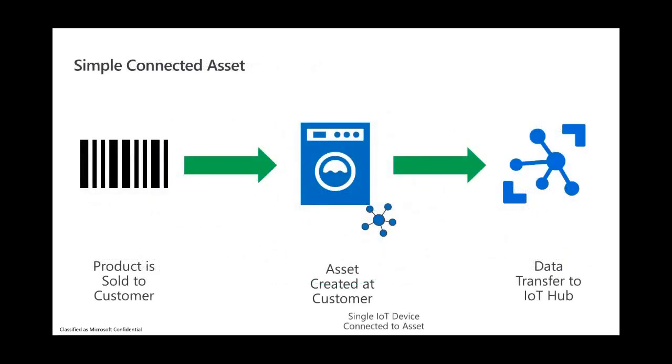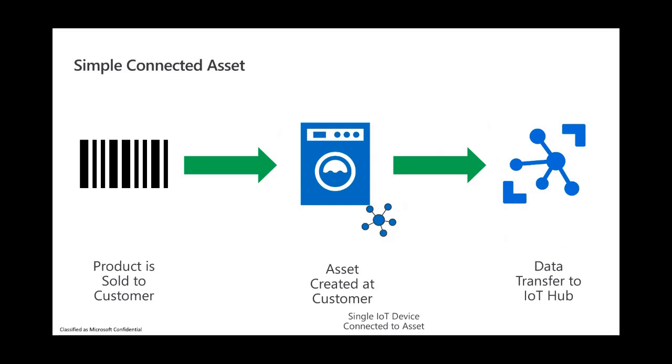And this is an example of a simple connected asset. Many devices, many units that you could purchase, whether it's a common household item, such as a dishwasher, have devices on them that could be monitored and are sending out signals.